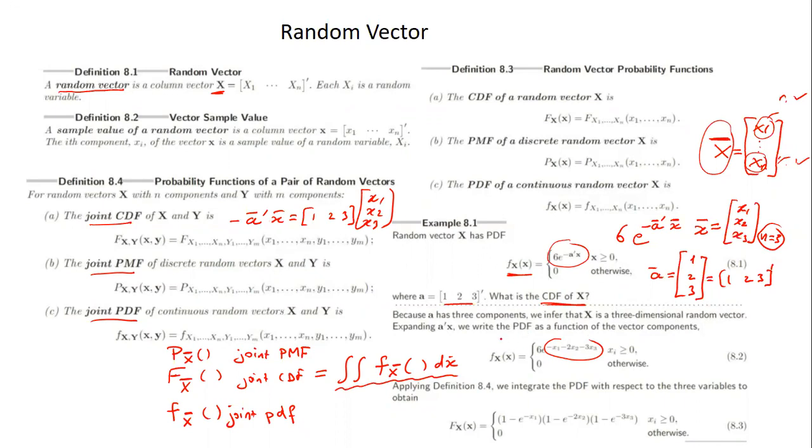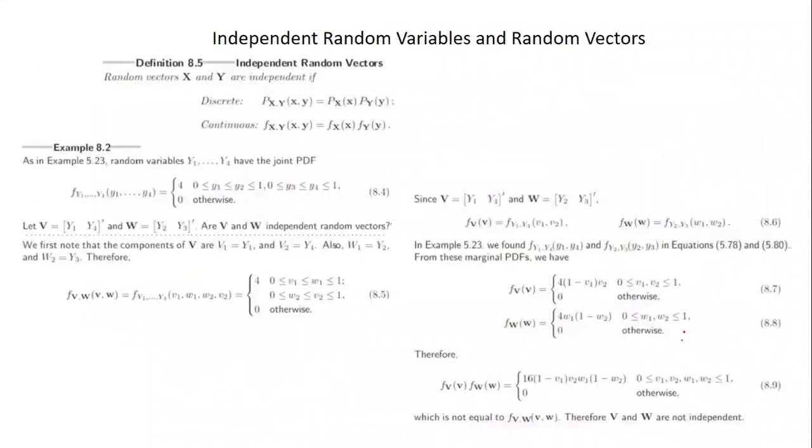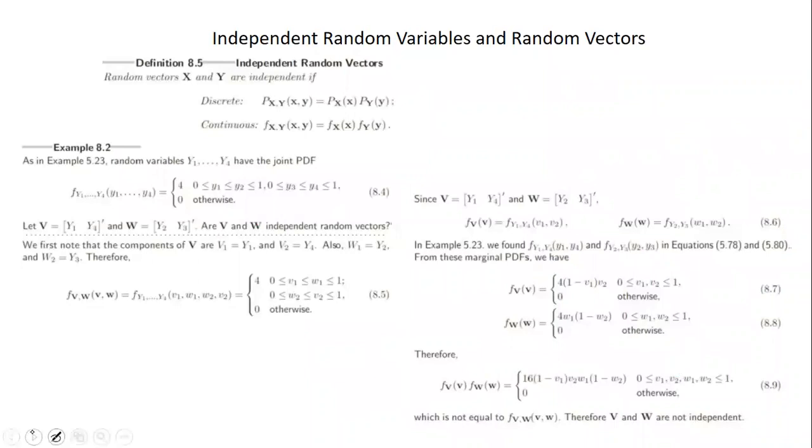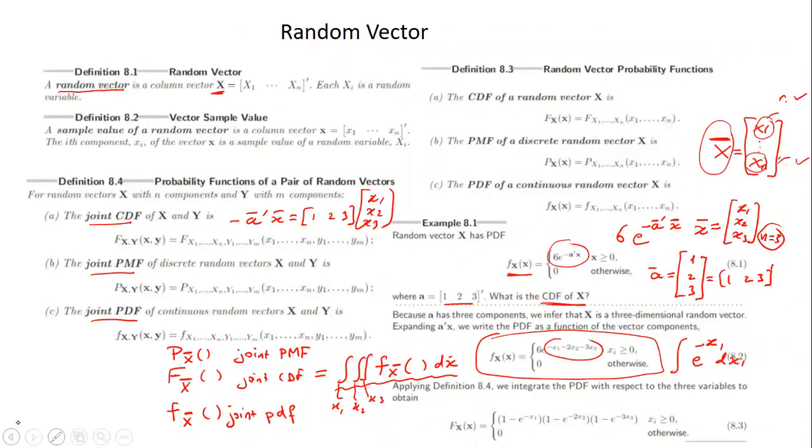So here is my explicit expression of joint PDF. Now I have to integrate this 3 times, right? 1 for x1, 1 for x2, and 1 for x3. And here you see we got e to the minus x1. I'm sorry, this integration with respect to x1 from 0 to infinity.